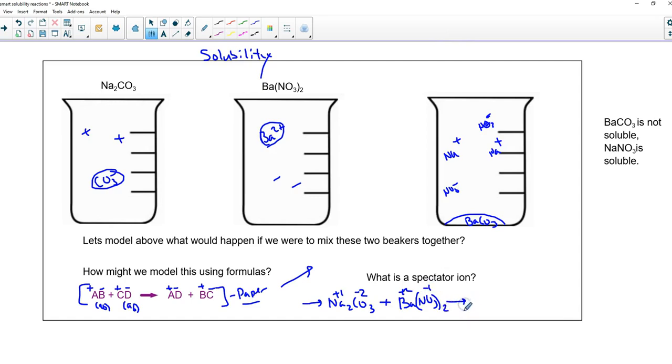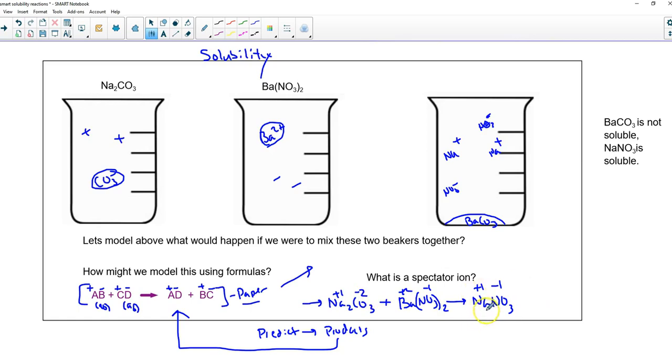So how do I predict my potential products? I follow this template. Sodium and nitrate, sodium and nitrate. Keep in mind, put the charges above them so that when we charge balance, we don't have the 2 there. That 2 is there because of that 2.